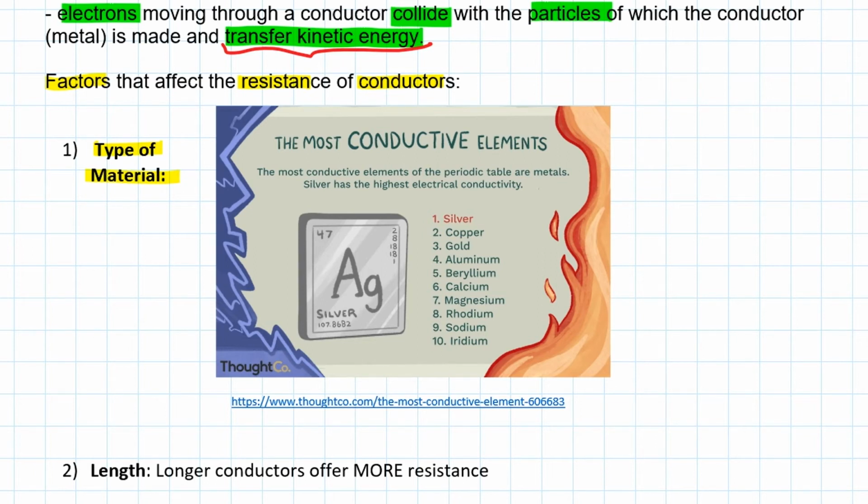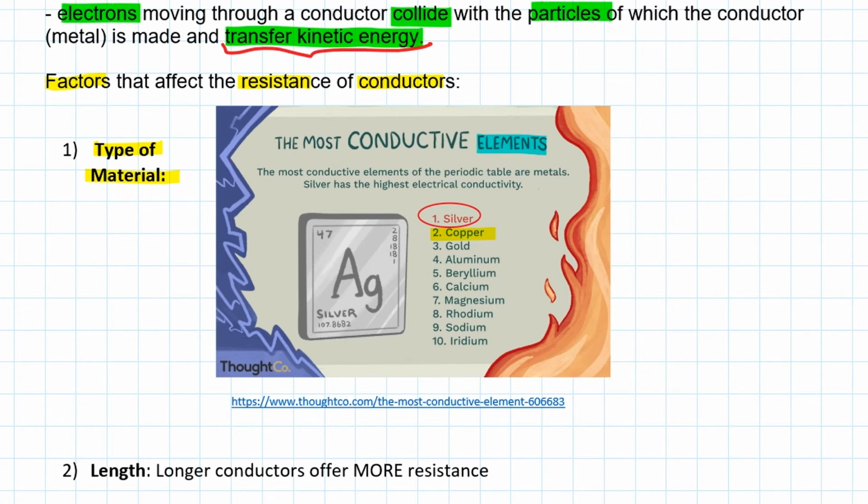From your periodic table of elements, you will know we have many different metals, such as silver, copper, gold, aluminium, beryllium, etc. We normally use copper metal as conducting wire for our circuits, but it turns out that silver is actually a better conductor than copper wire.